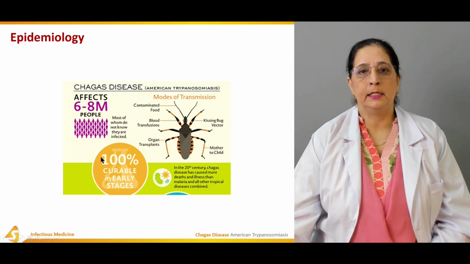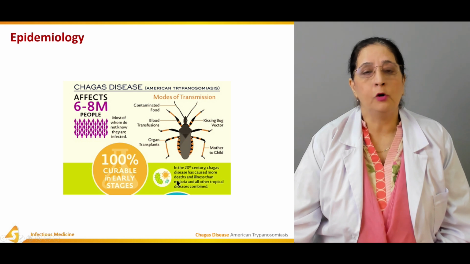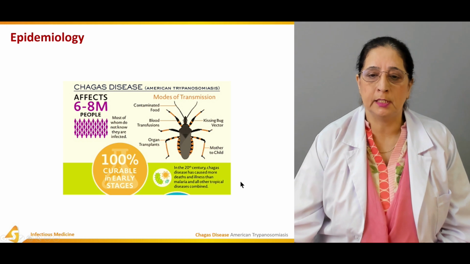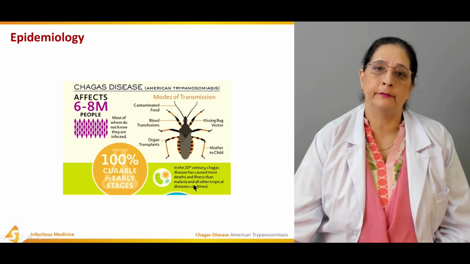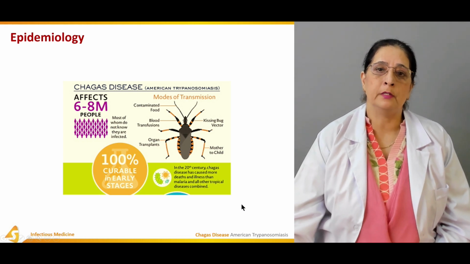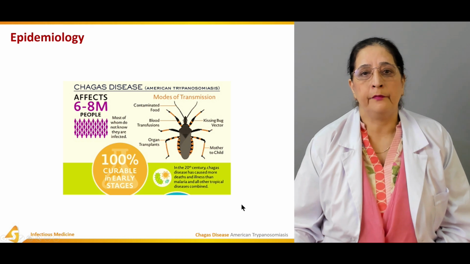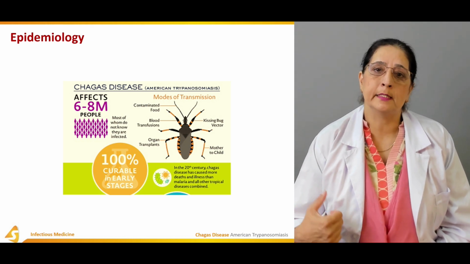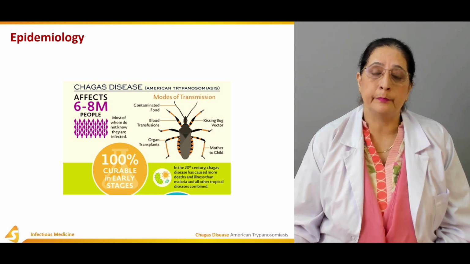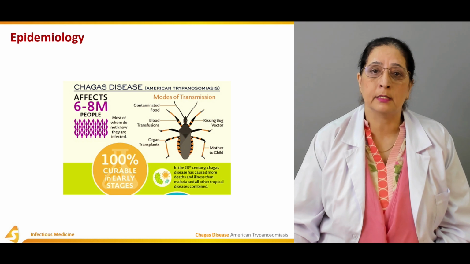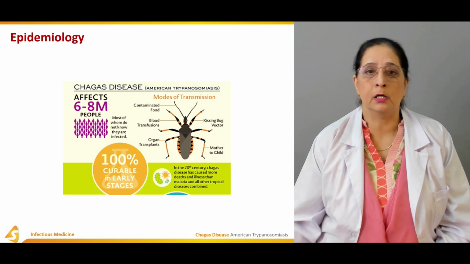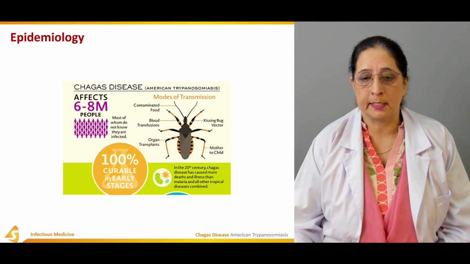So it was very, very common in the 20th century, causing more infectious disease deaths than any other illness, because we already saw that in the chronic phase it can cause myocarditis, meningoencephalitis, and other features like megacolon and megaesophagus, which can have serious outcomes and poor prognosis. So it's a deadly illness.